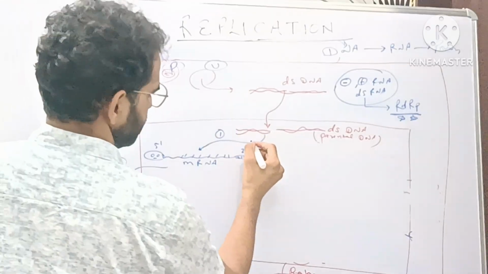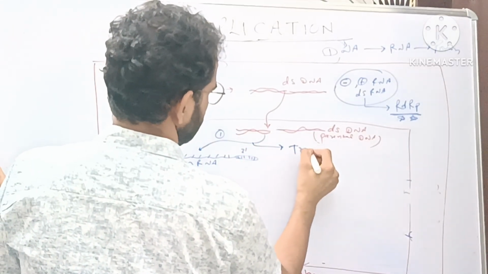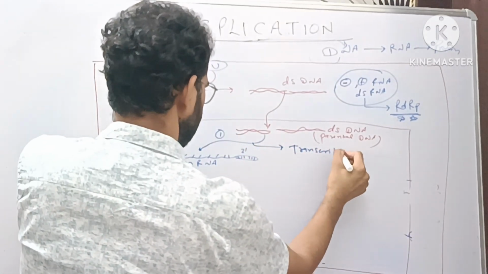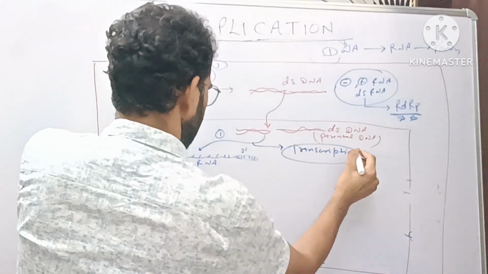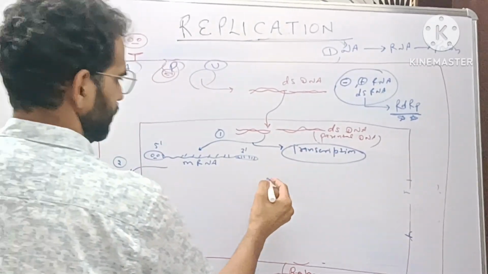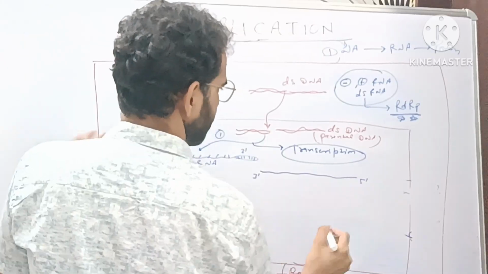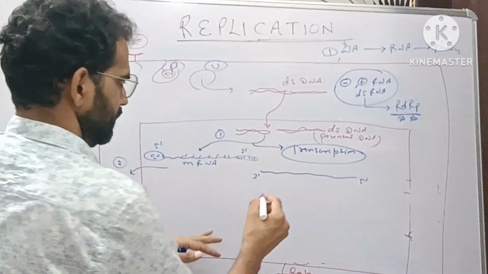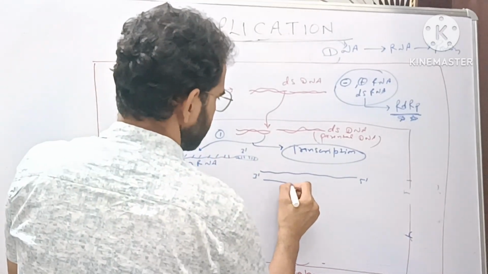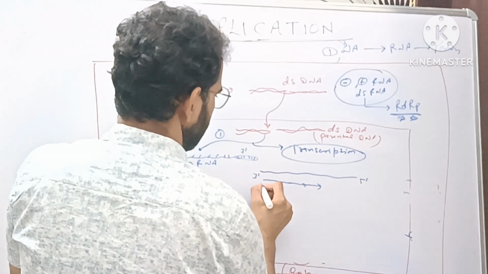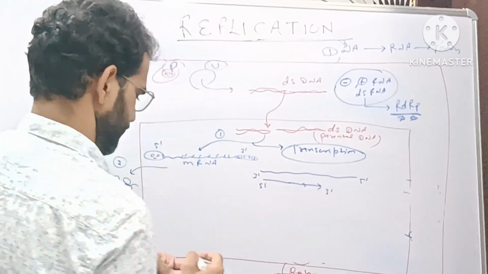This first step was known as transcription. For transcription to occur, for example, this is a 3' to 5' template, and here we need to synthesize the RNA in the 5' to 3' direction.